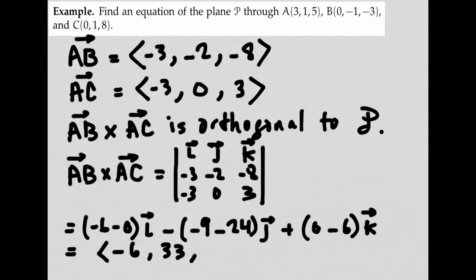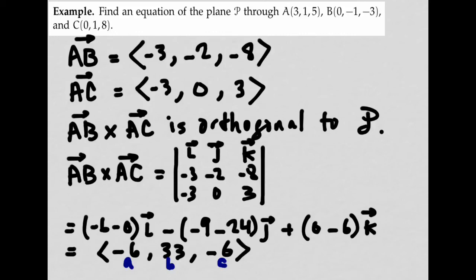And 0 plus 6 gives 6 in the k component, so we have the normal vector AB cross AC with components minus 6, 33, and 6. So a is minus 6, b is 33, and c is 6.